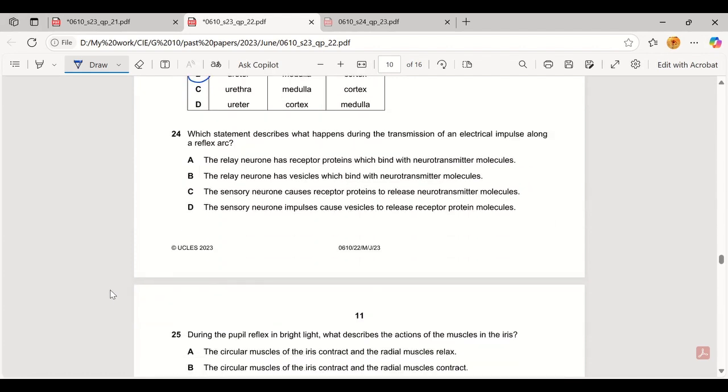Which statement describes what happens during the transmission of an electrical impulse along a reflex arc? I will ask Mariam. It's A. Very good.